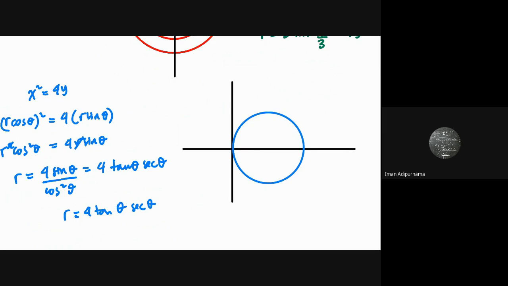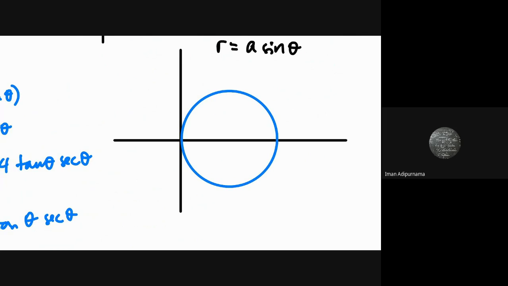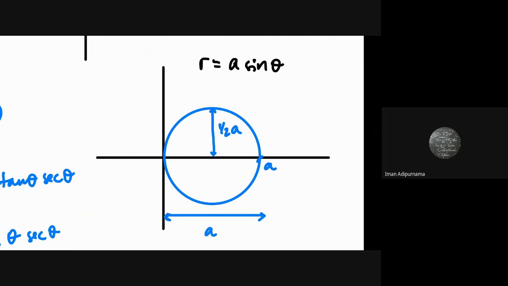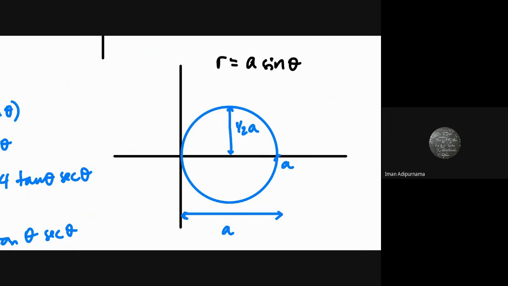If we have r equals a sine theta, a is any constant. So this will be a, and this will be half a, if a is positive.